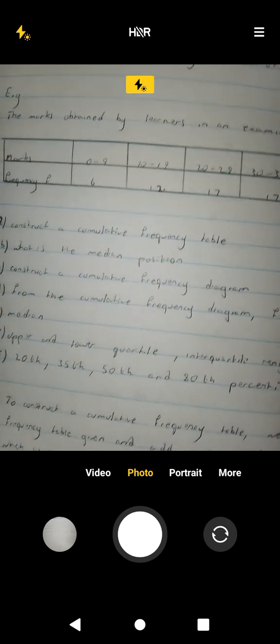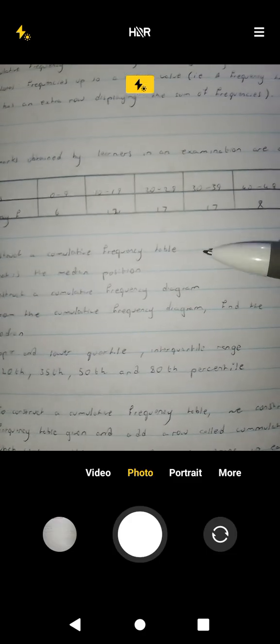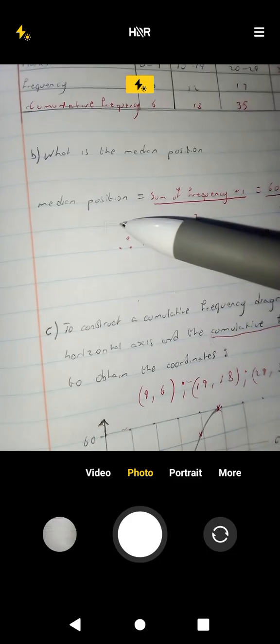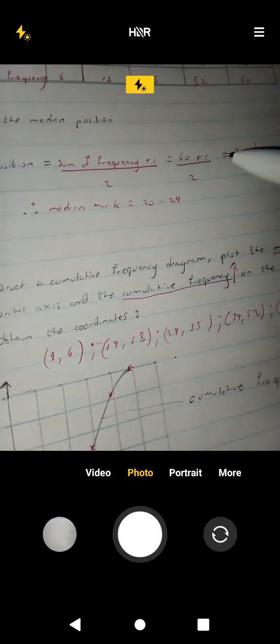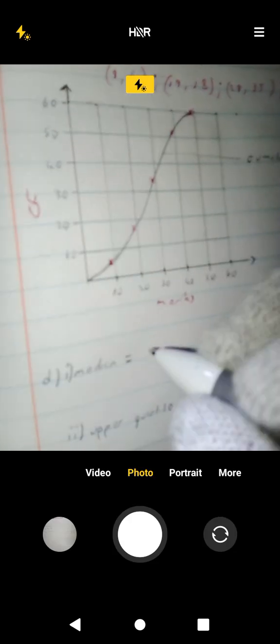We said the median position is the sum of frequency plus 1 over 2. So the median position is actually 30.5, but let's rewrite it.